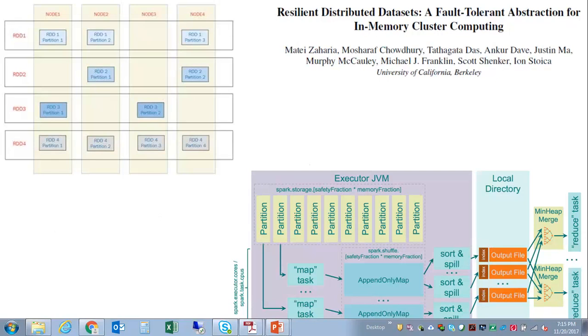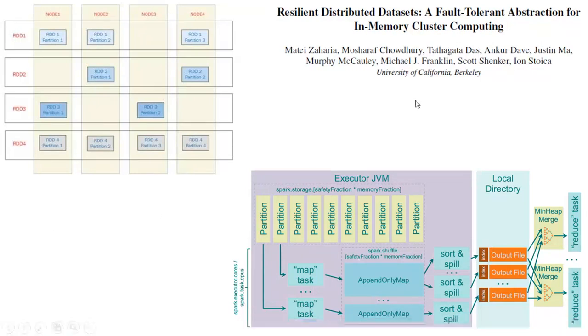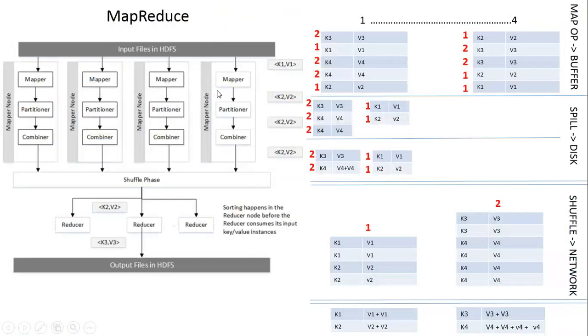So the user or the developer doesn't have to think about where each piece of information is. If you go back to the MapReduce paradigm, here all you have are chunks of data lying around. There is nothing common linking all of those pieces of data.